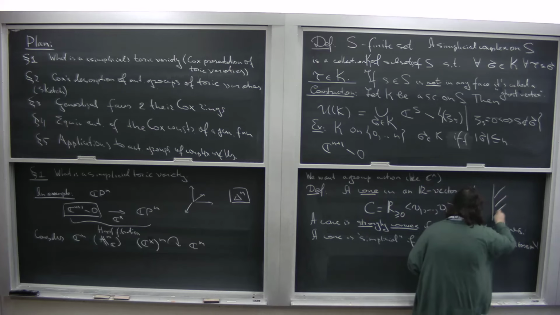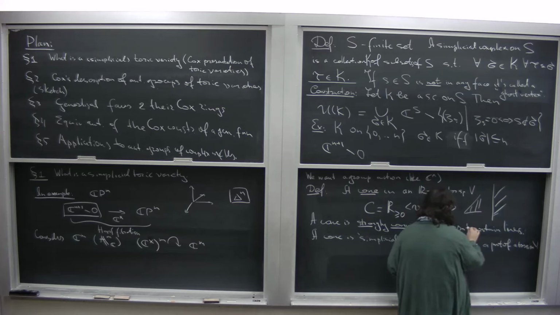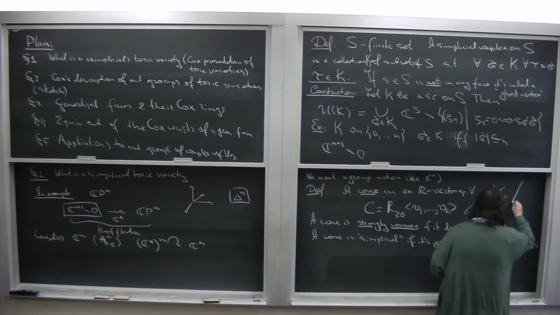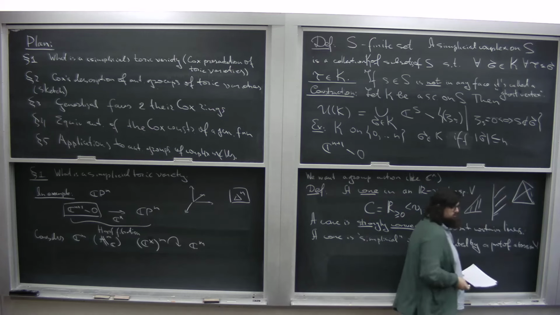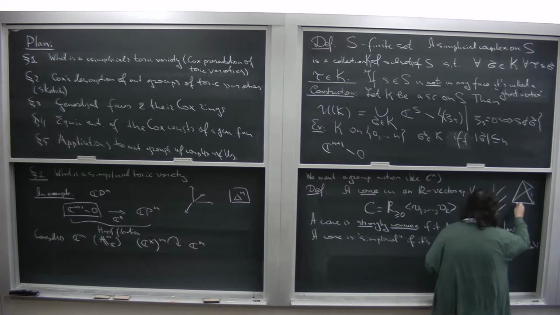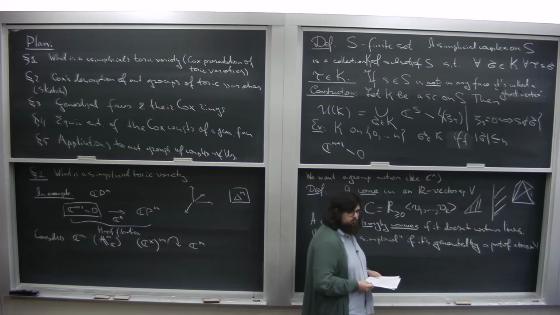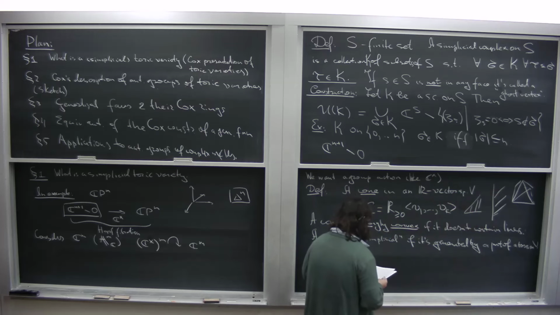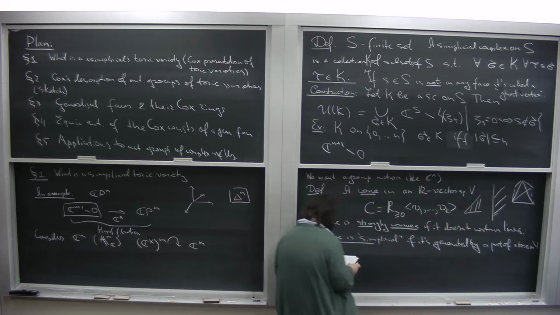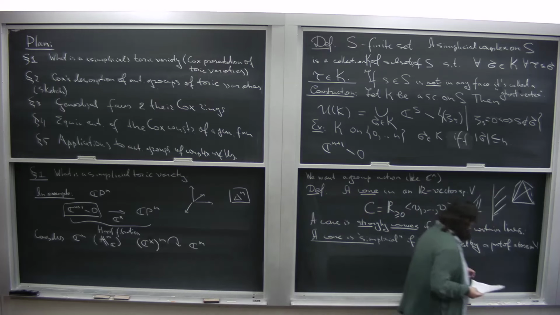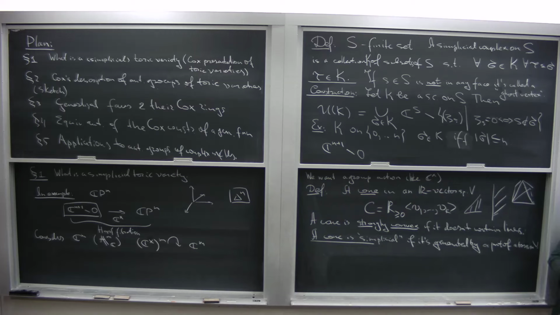This is not. This thing is a simplicial cone. And if you add one more generator like this, then this is not a simplicial cone because you have too many generators. These are two additional geometric properties of cones that we can require.